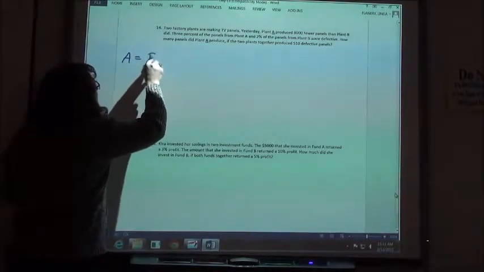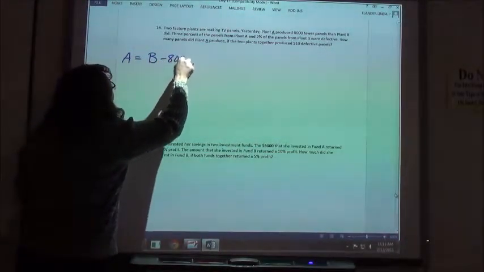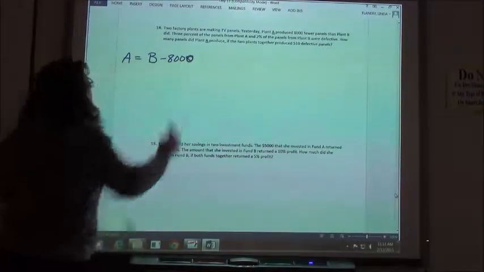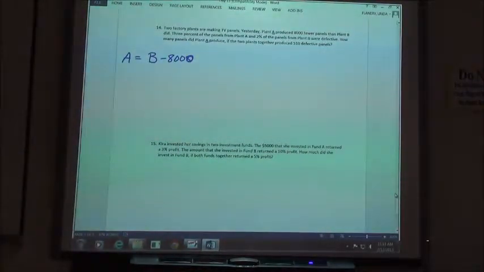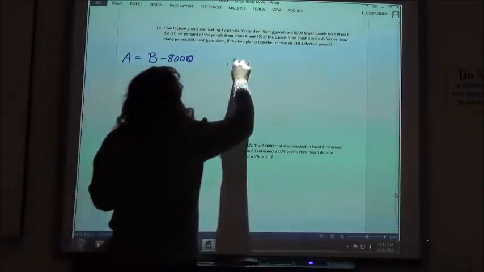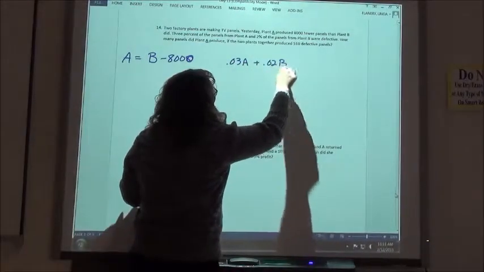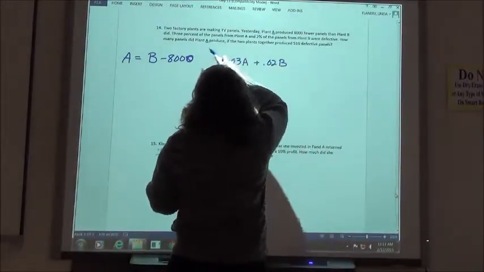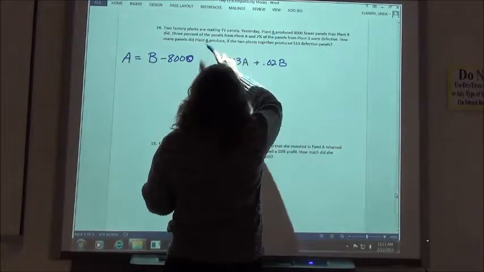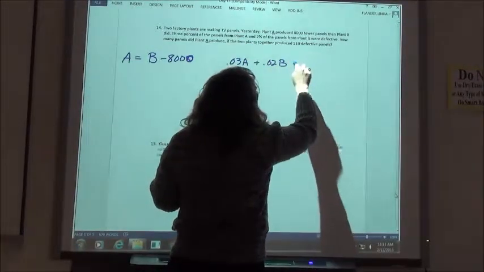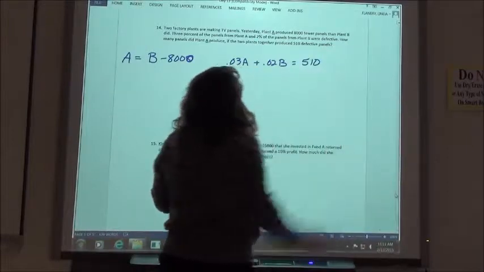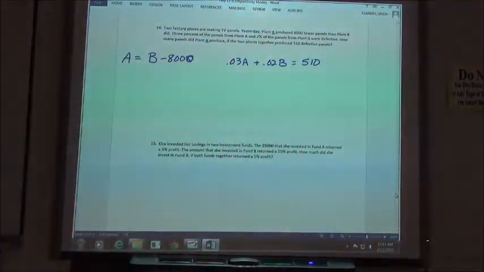I took the number from B and I subtract the 8,000 from it, not 8,000 minus B. So A is equal to B minus 8,000. 3% of A, so 0.03A, and 2% of B were defective. How many panels did plant A produce if the 2 plants together produced 510 defective panels?